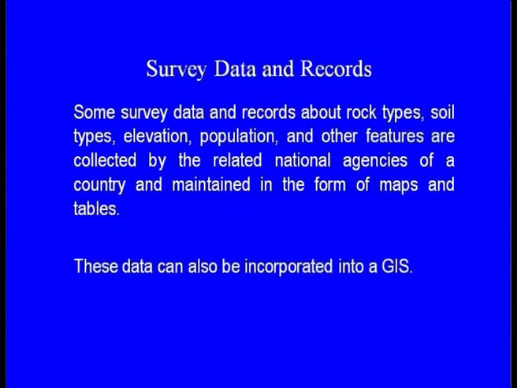The next type of data source could be survey data and records available at various places. Sometimes survey data and records about rock types, soil types, elevation, population and other features are collected by the related national agencies of a country and maintained in the form of tables and maps. These data can be incorporated into the GIS.